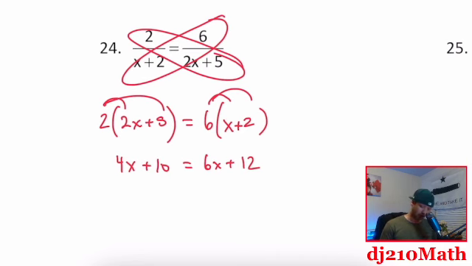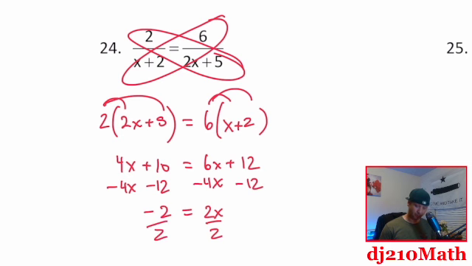Move all the x's to one side. Minus 4x, so this is going to be 6 minus 4, 2x. Minus 12 minus 12, this is going to be negative 2. Divide both sides by 2. X is equal to negative 1.